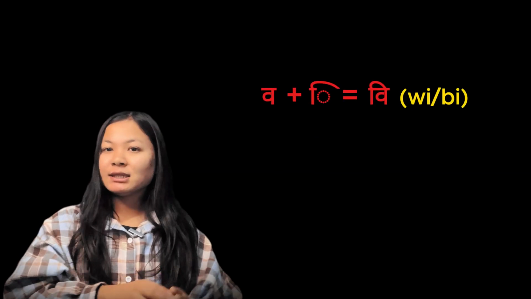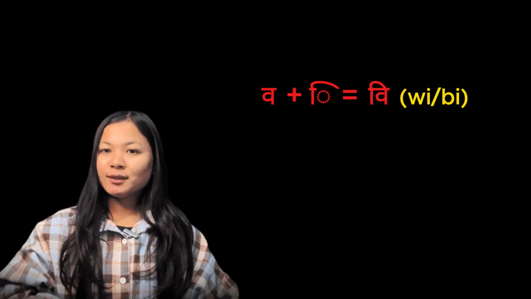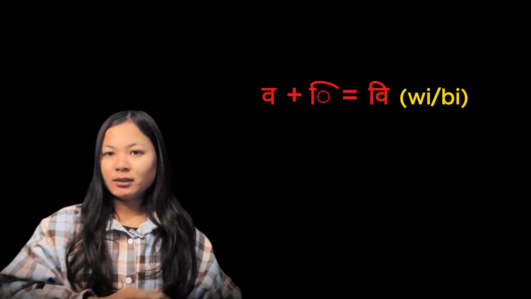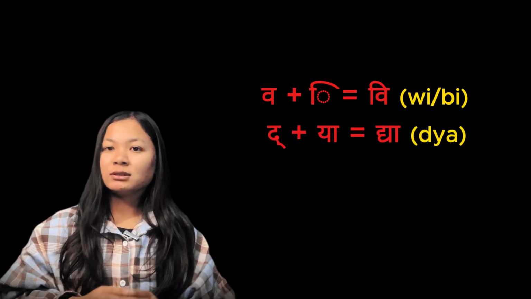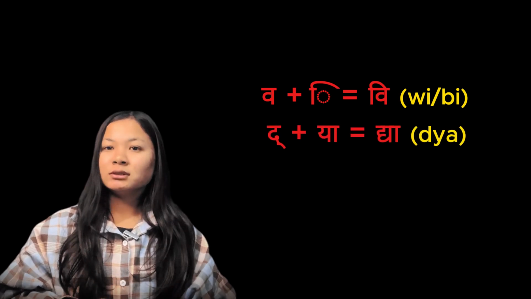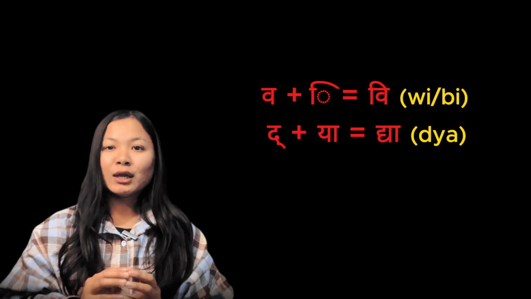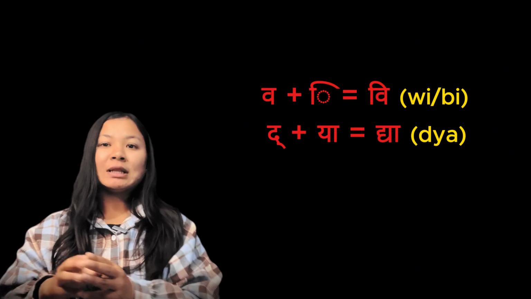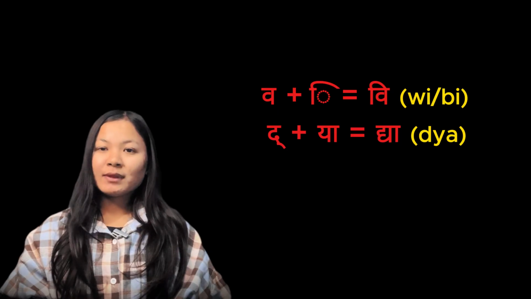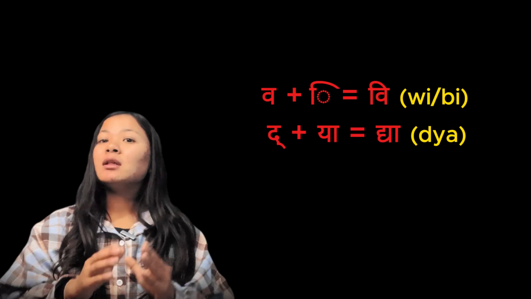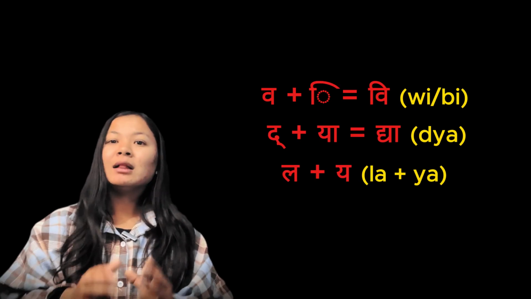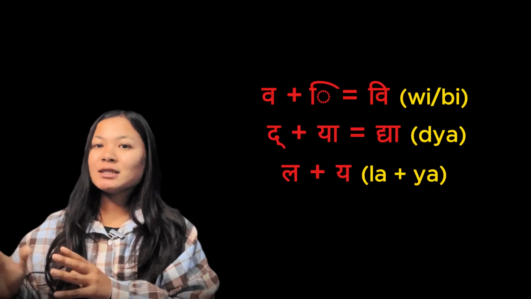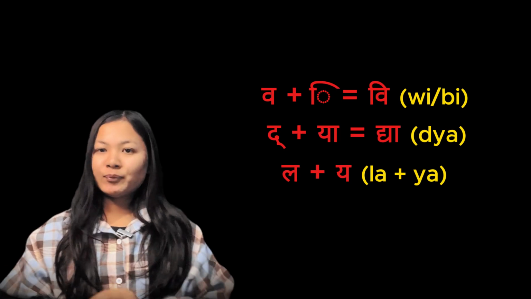Now let's try a little longer word. So let's try the formation of this word. Wa plus e, it becomes we. We add da, and we add another letter, ya plus a, ya. Add la, and lastly we add ya.